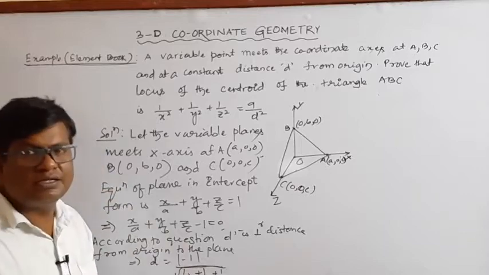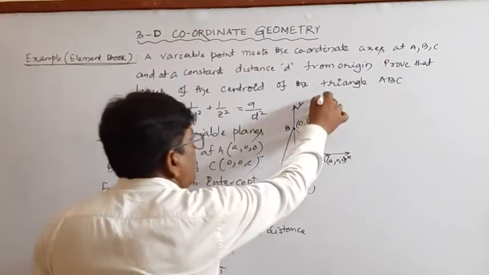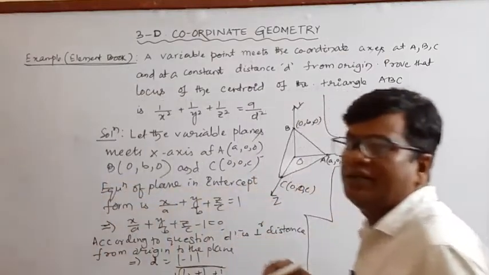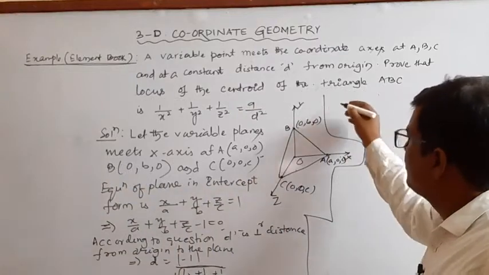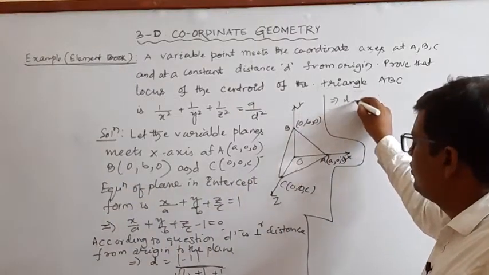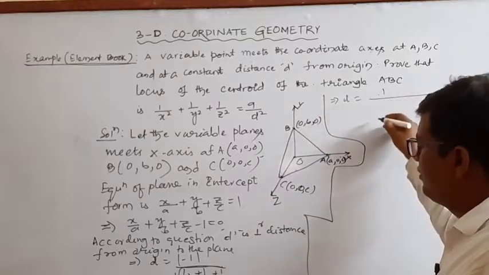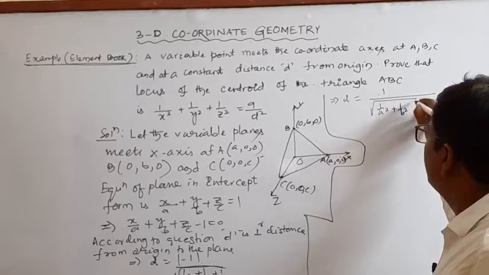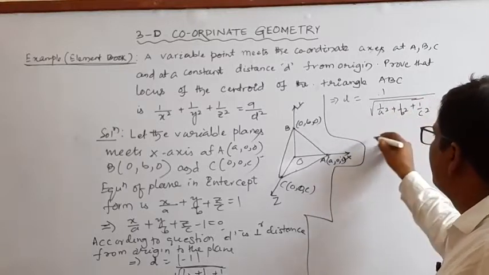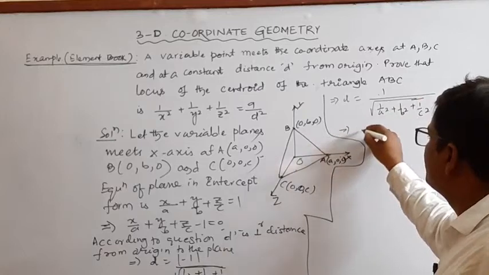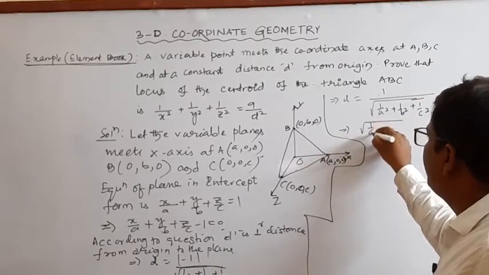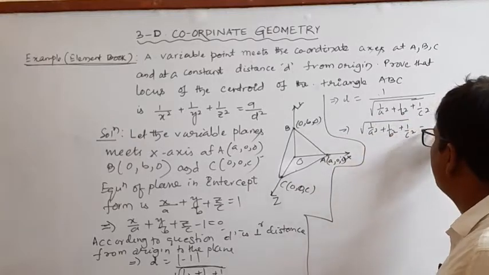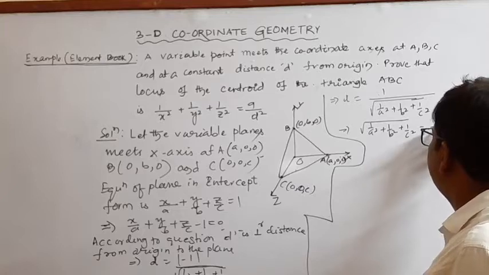So d is equal to 1 by root over 1 by a square plus 1 by b square plus 1 by c square, or we can write the square root of 1 by a square plus 1 by b square plus 1 by c square is equal to 1 by d.